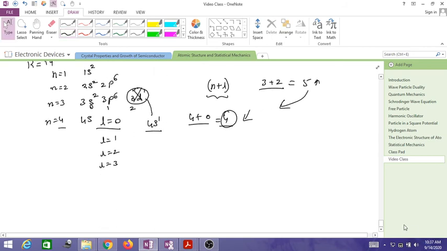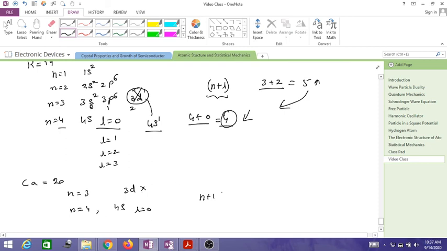Likewise, even for calcium, with atomic number 20, with n equal to 4, it goes to 4s rather than going into 3d with n equal to 3. Why? Because again here L is equal to 0, so n plus L becomes 5 in this case, but still both are equal to 5.